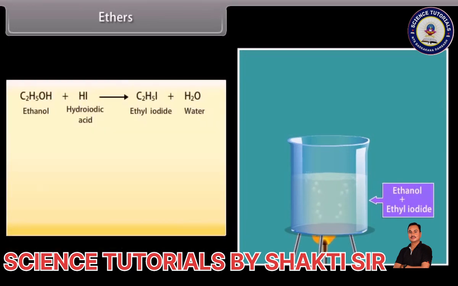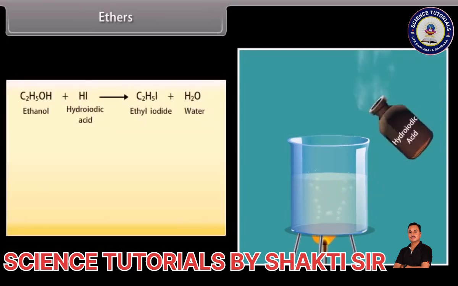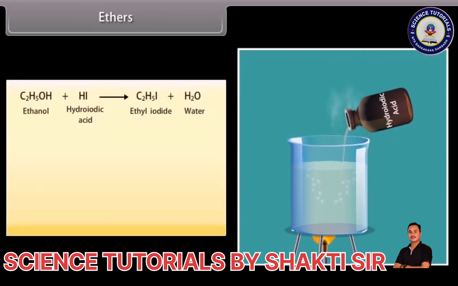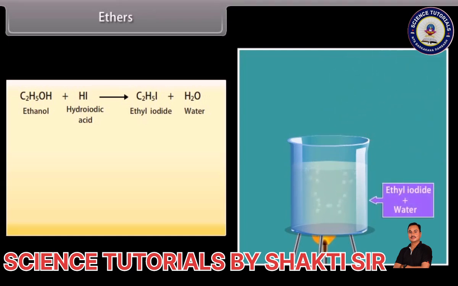With excess of hydroiodic acid, the alcohol formed further reacts to form ethyl iodide. Overall reaction is hydroiodic acid reacts with diethyl ether at 373 Kelvin and it forms ethyl iodide and water.